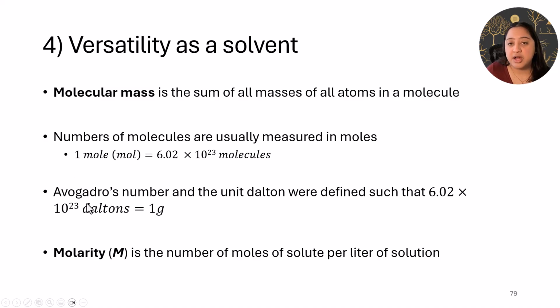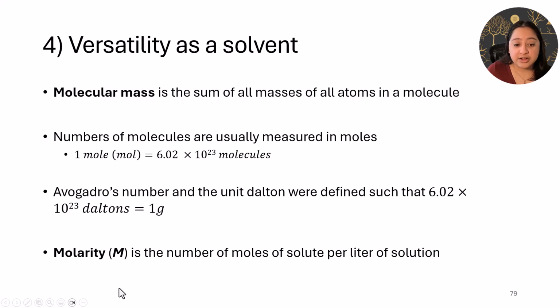Avogadro's number and the unit Dalton were defined such that 6.02 times 10 to the 23 Daltons is 1 gram. So those are just different measurements of the mass of a molecule.